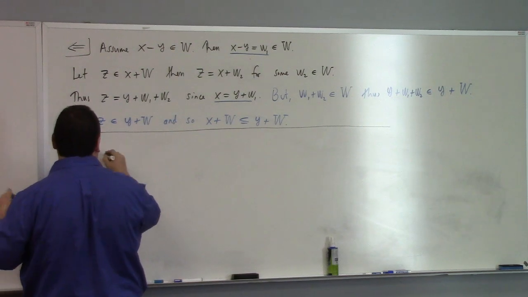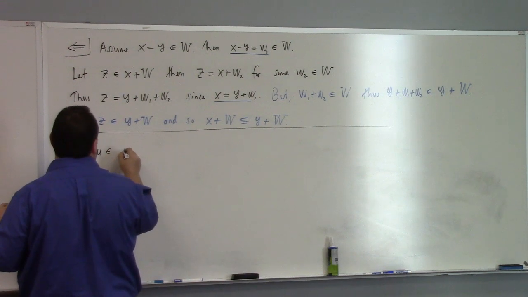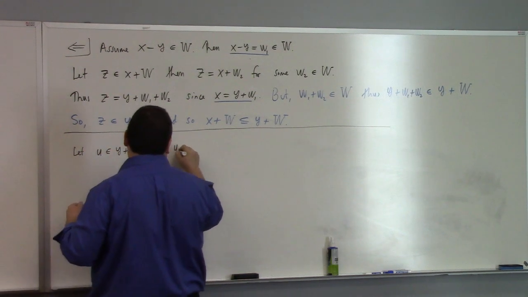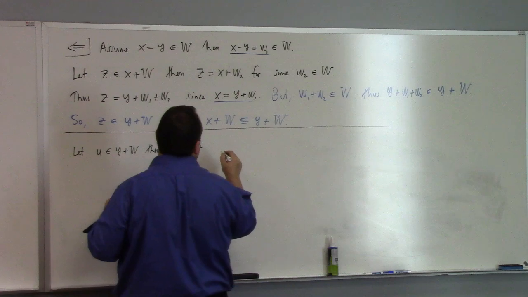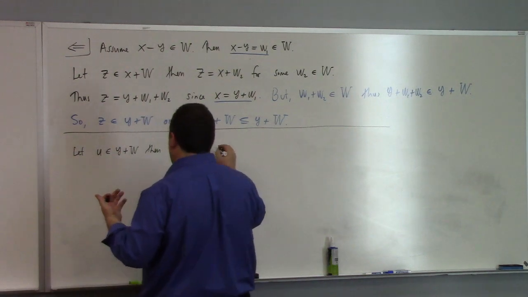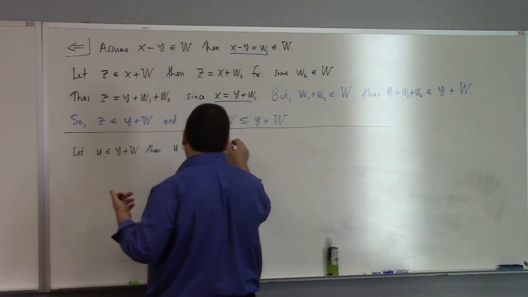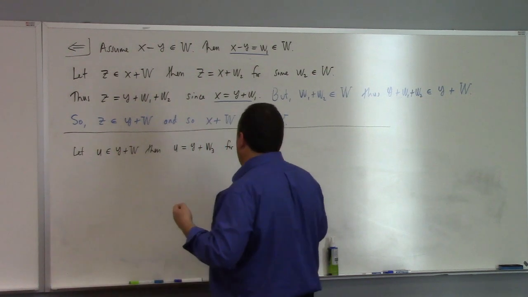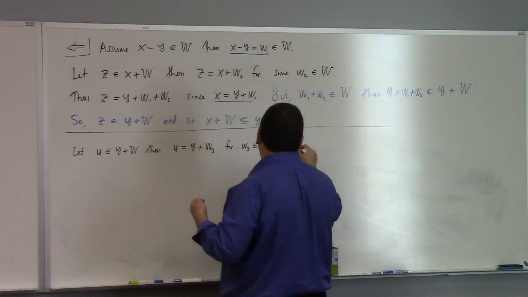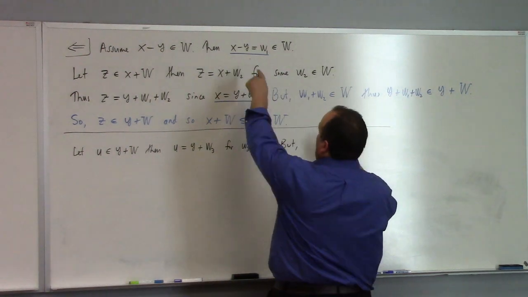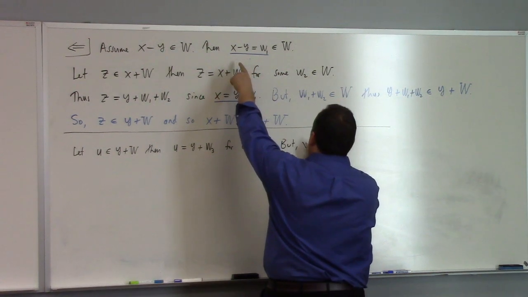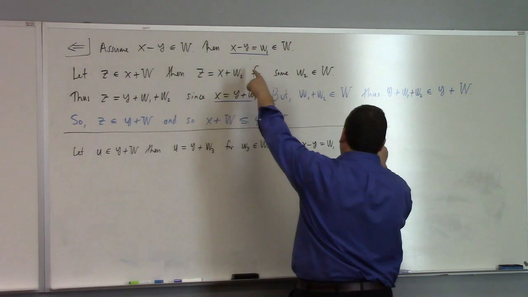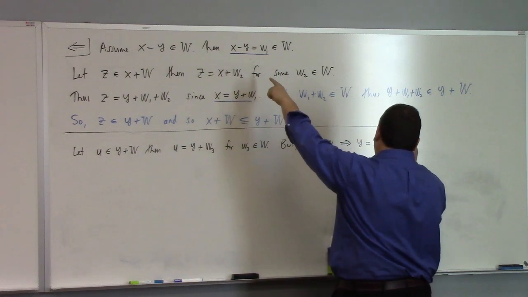So I'll choose a different letter. How about u? Let u be an element of y plus W, right? Then u is equal to y plus, I guess I'm at w3 now, right? w3 for some w3 in W. But x minus y equals w1 implies that y is equal to x minus w1.